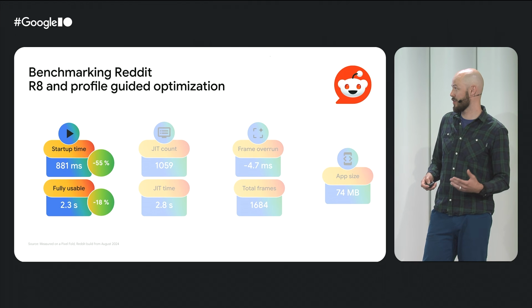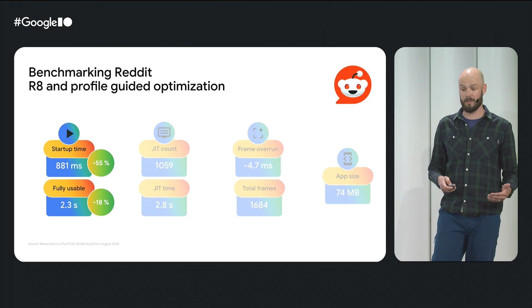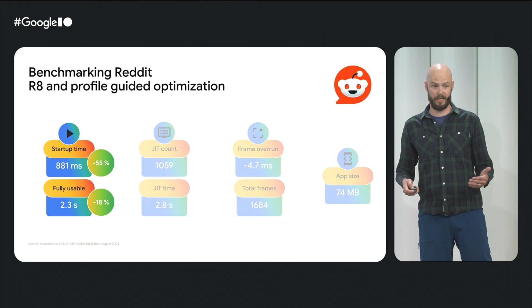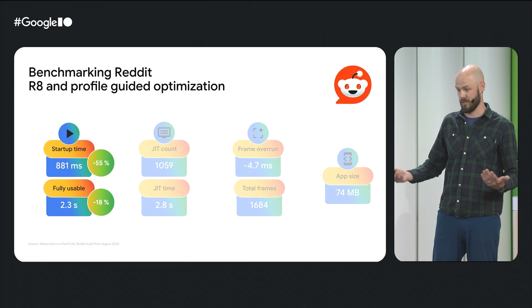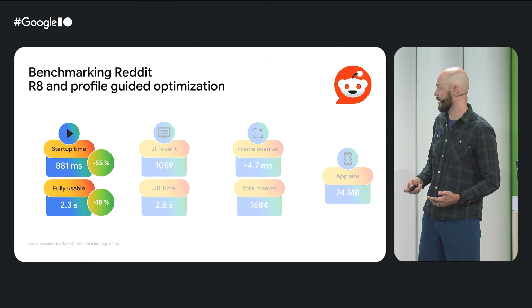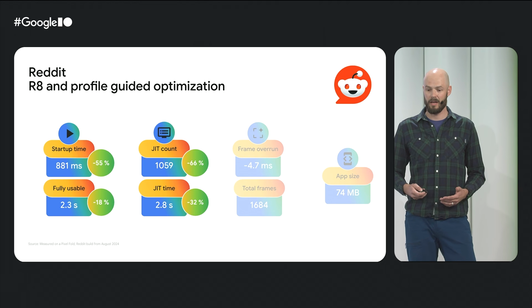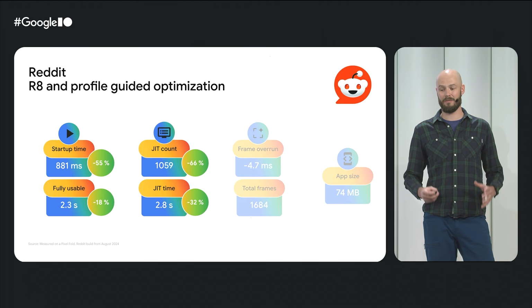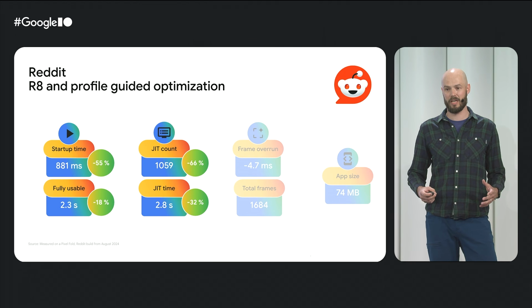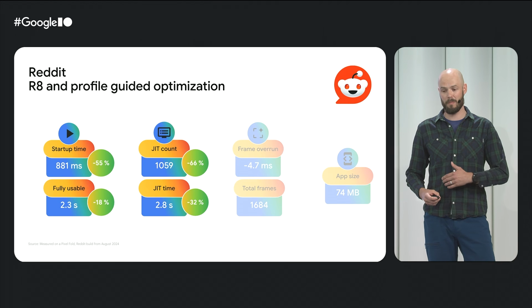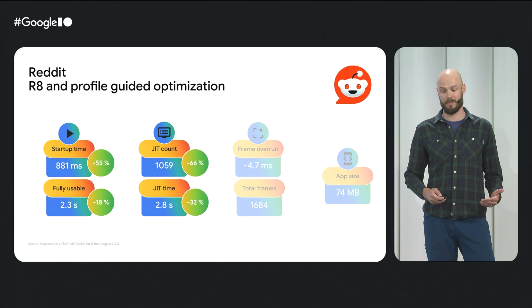After applying the optimizations, the startup time in total dropped by 55%, and the app was fully usable in 18% less time waiting for the users, which, again, is quite significant for a very quick fix. With a baseline profile that did not cover everything just yet, so parts of the use case were covered, the just-in-time compilation dropped by 2/3, and the just-in-time compilation time already dropped by 1/3 at that point.